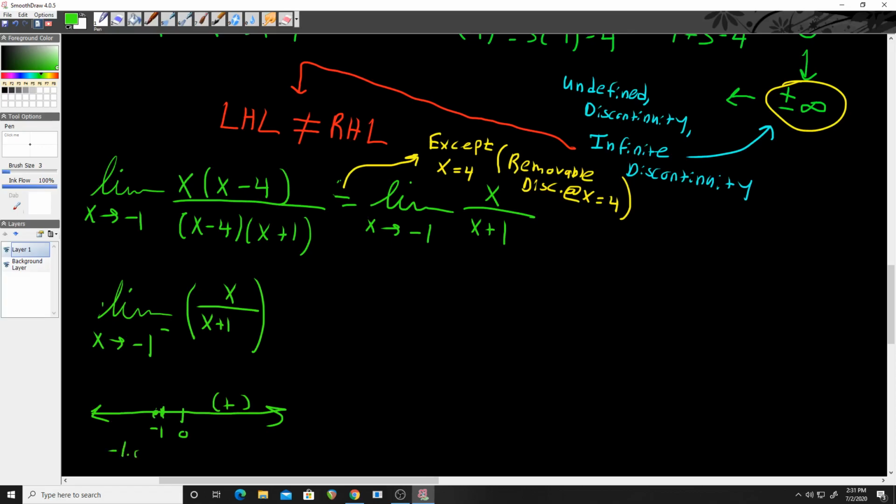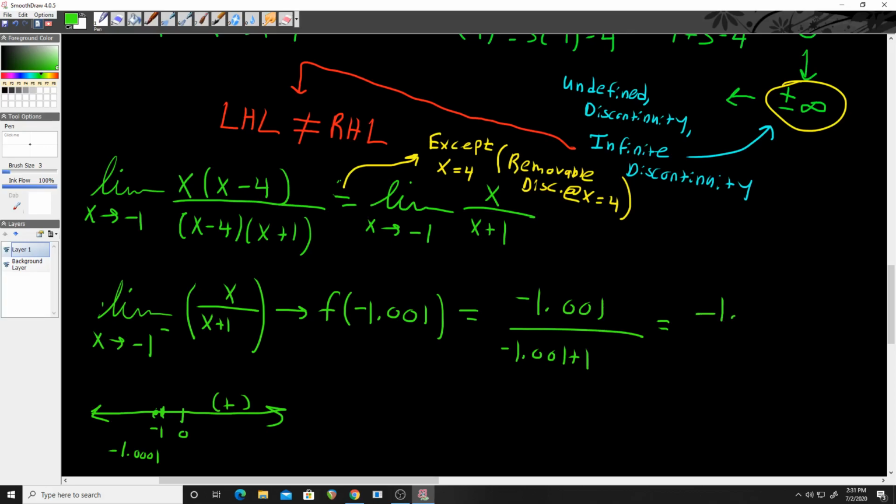Something like -1.001. Okay? If I calculate f of -1.001, where f is x over x plus 1, I'm going to get -1.001 over -1.001 plus 1, which is -1.001 over, and then this will still be -0.001, and of course negative over negative will be a positive, and we're essentially going to get positive 1.001 over 0.001.